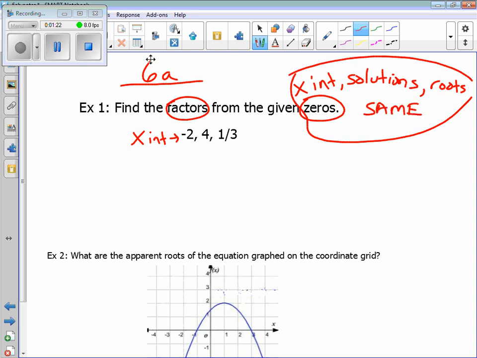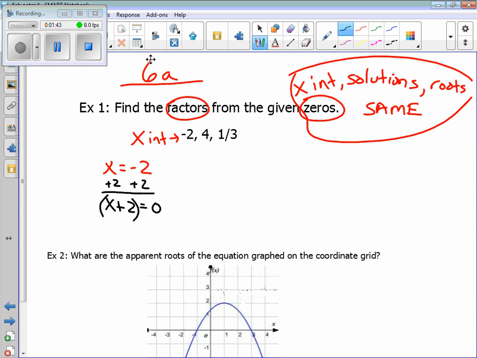Interchangeably, we use them. So these are all the x-intercepts. To find the factors, all we do is we set each x-intercept equal to x. Now we just need to solve, make it equal to 0. So take the x-intercept, make it equal 0.